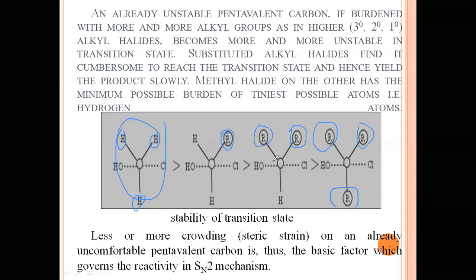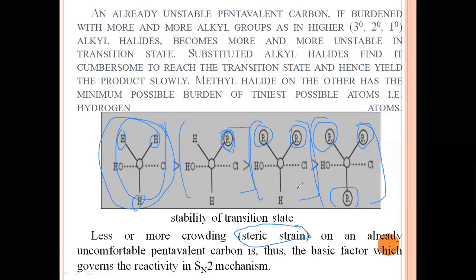So as the number of alkyl groups increases, the steric strain is also increasing. Already the carbon is in an unstable, uncomfortable position, and the steric strain also burdens the transition state, and hence the product is obtained slowly. But in later cases, say secondary and tertiary alkyl halide like this, formation of the product is practically impossible.